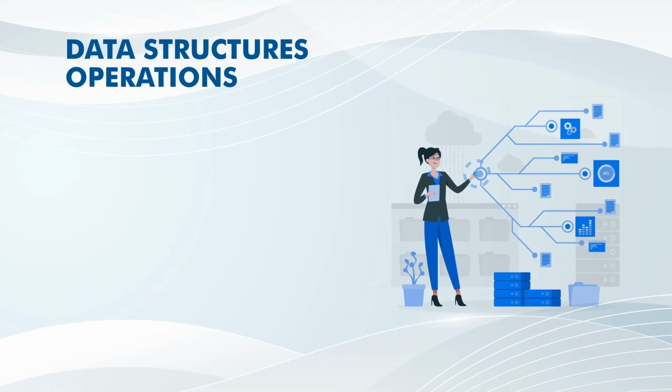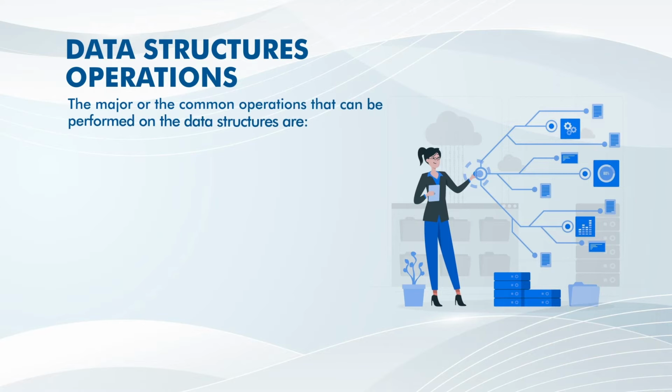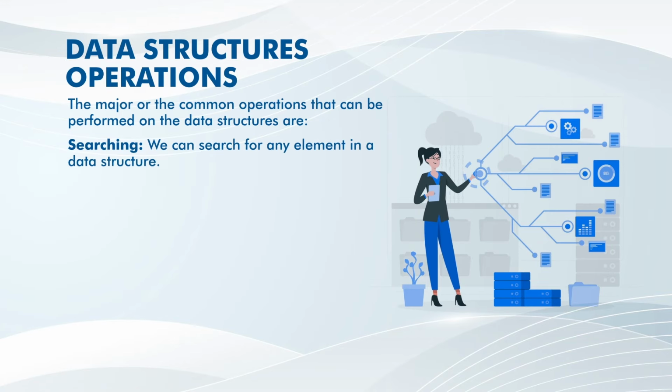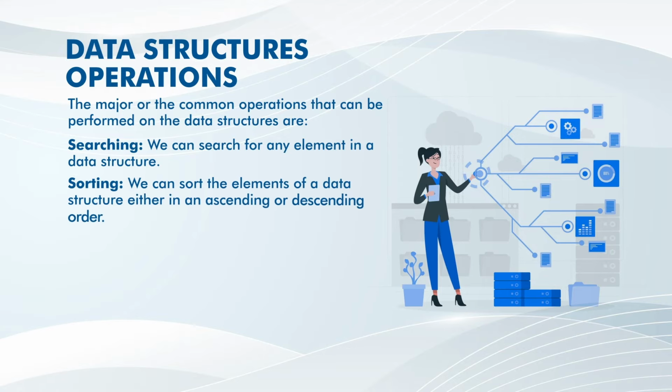Data structure operations: the major or common operations that can be performed on data structures are searching. What is searching? We can search for any element in a data structure. Second is sorting. We can sort the elements of a data structure either in ascending or descending order.